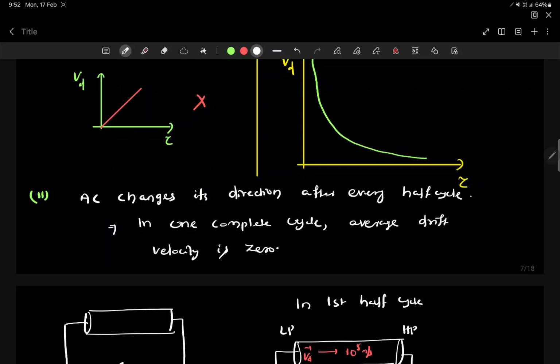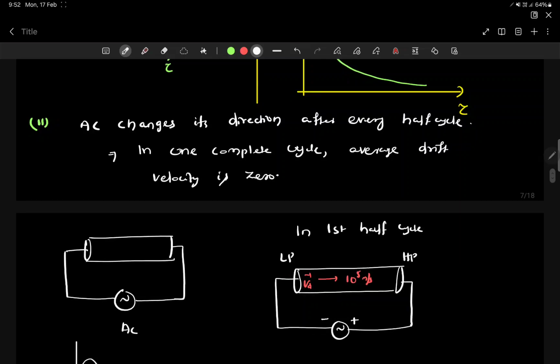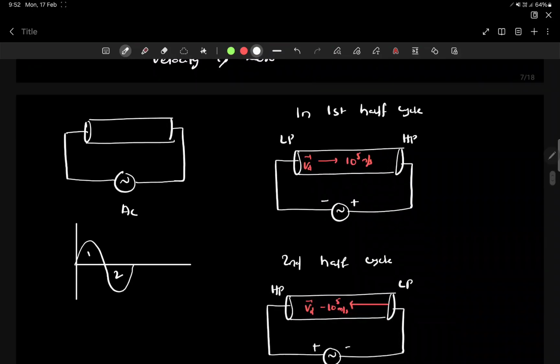Though it is very simple to write 0, it is difficult to understand actually. Okay, it is not too difficult, it is very easy to understand.